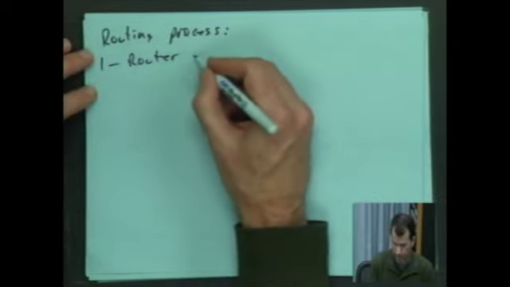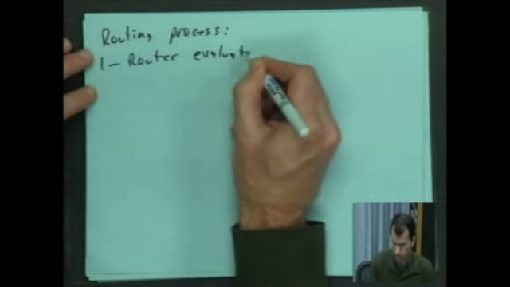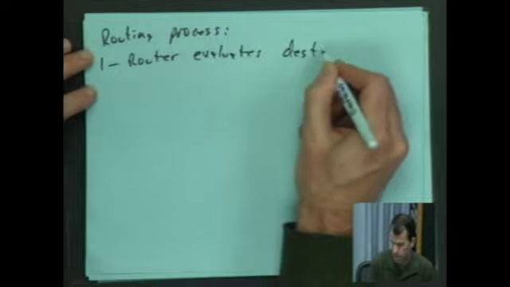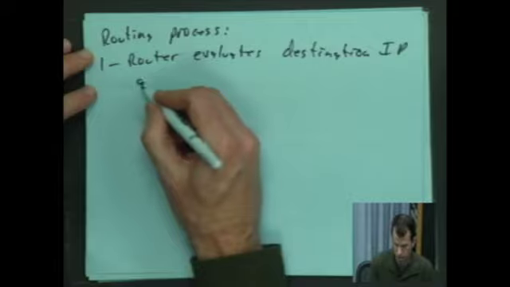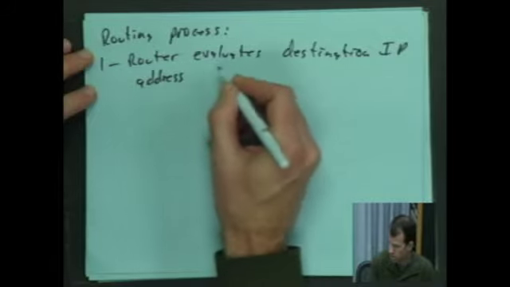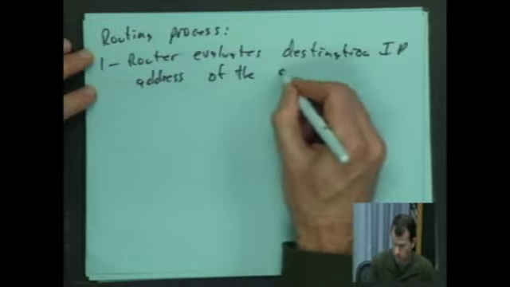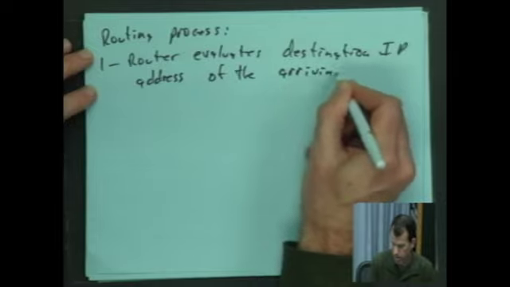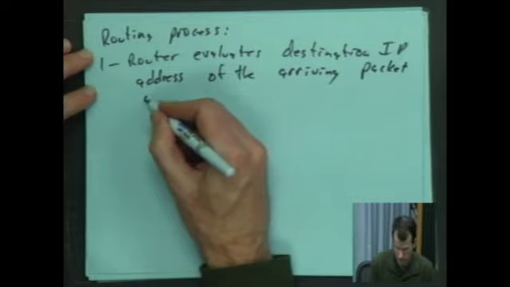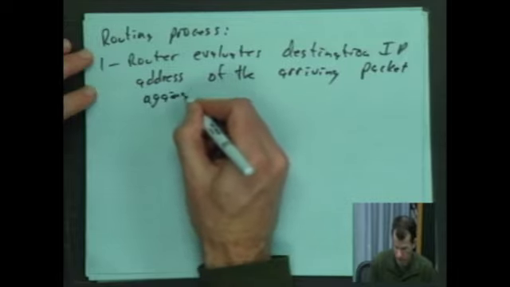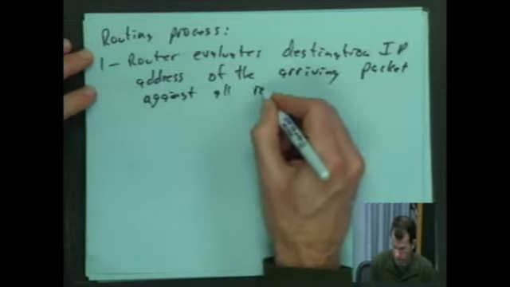Number one, the router evaluates the destination IP address of the arriving packet against all rows.